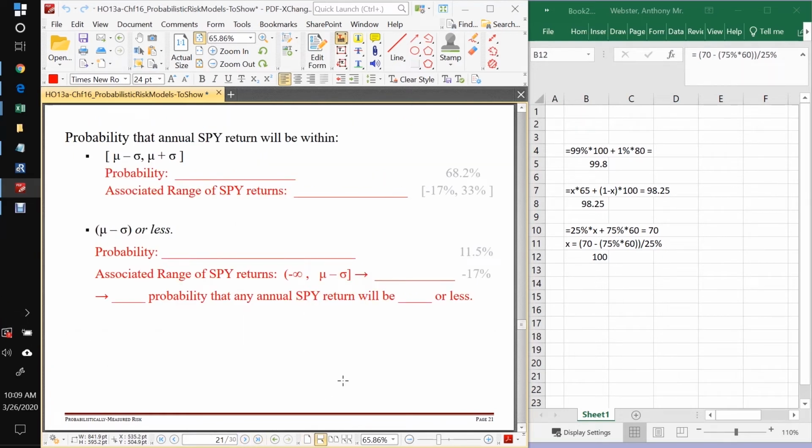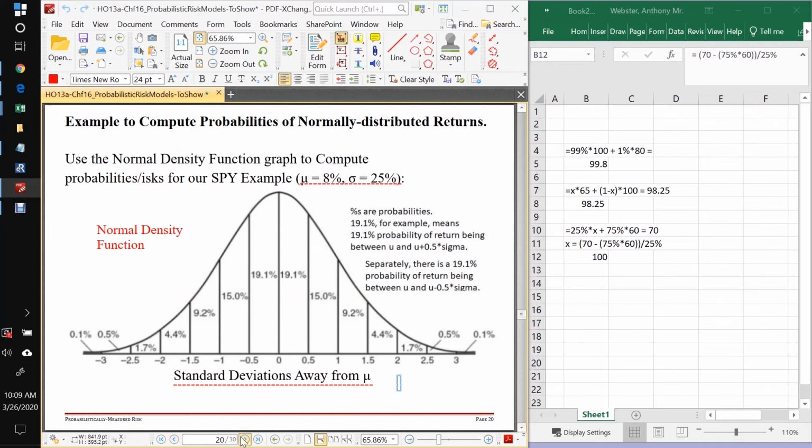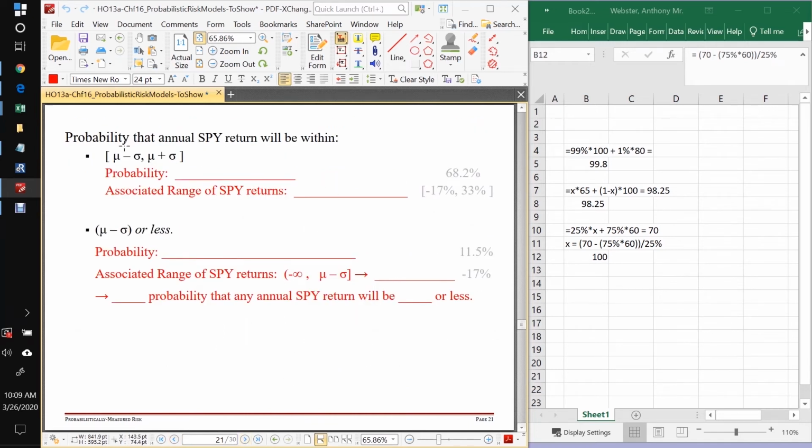All right, so let's see if we can actually compute some probabilities and associated ranges using the graph. Let's compute the probability that the annual SPY return will be within mu minus 1 standard deviation to mu plus 1 standard deviation. I'm actually going to start with the range, and that's going to help me look back at the graph and get the probabilities.